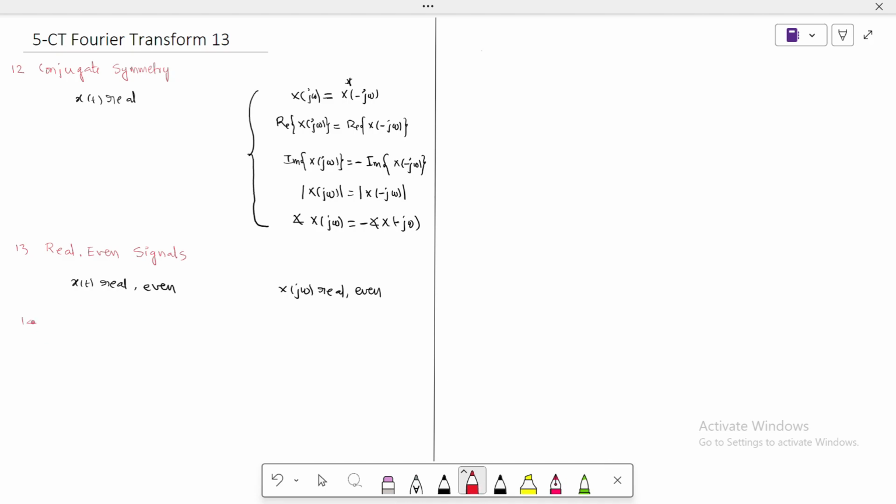Similarly, the 14th: real and odd. We studied the same concept in the Fourier series. So x of t is real but odd, then X of j omega is not real. It is purely imaginary and odd.